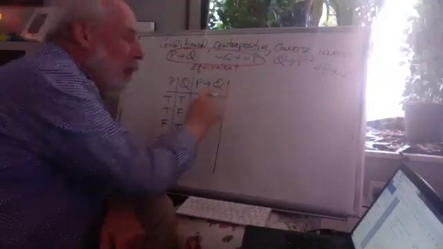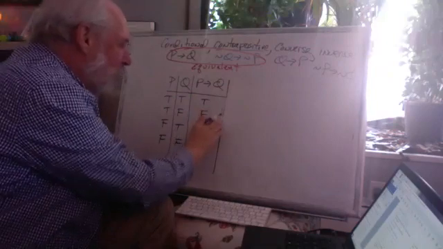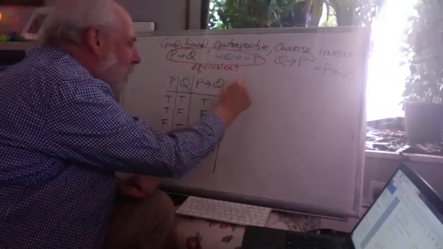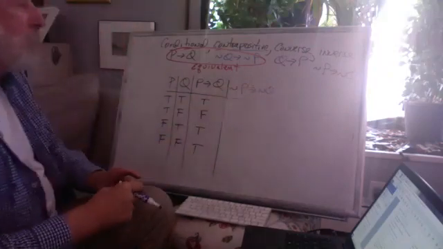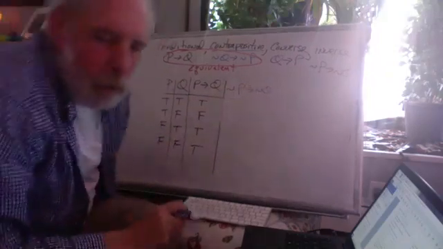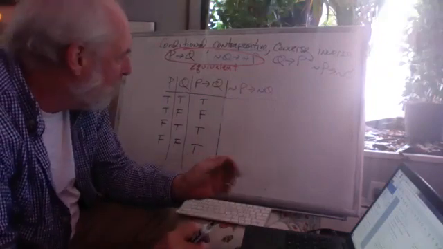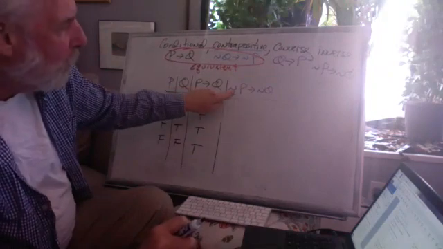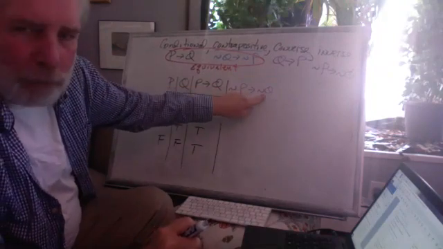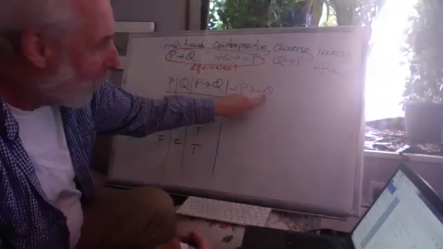So here's an example of why truth tables are nice, even though they're tedious. Not P, then not Q. Well, I can give you an example to show that these two things are not the same. If it's raining, then there's clouds. This would say if it's not raining, then there's no clouds. Well, that doesn't have to be true. It can be not raining and have clouds.